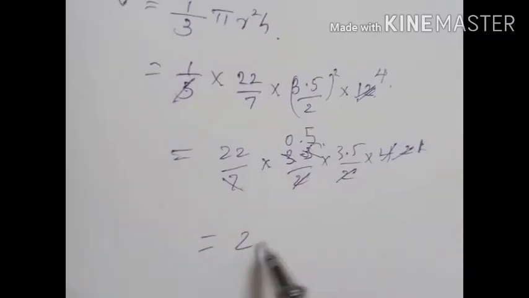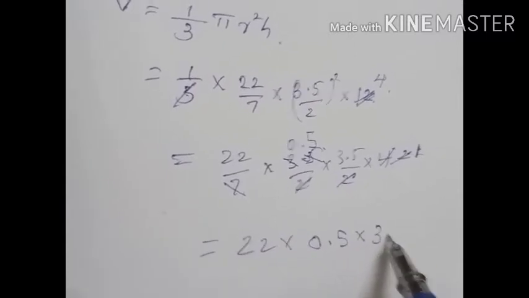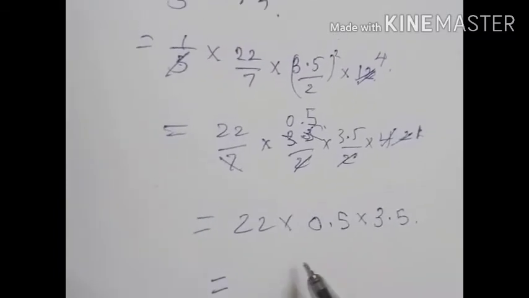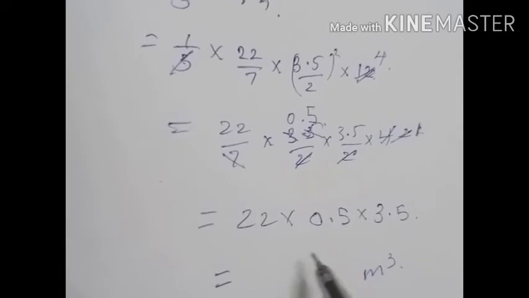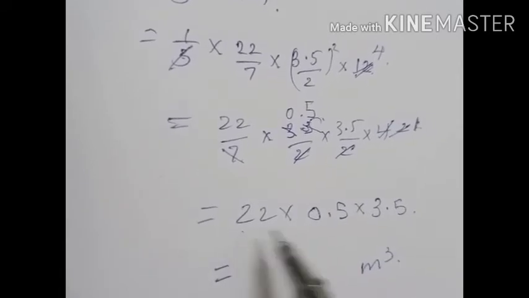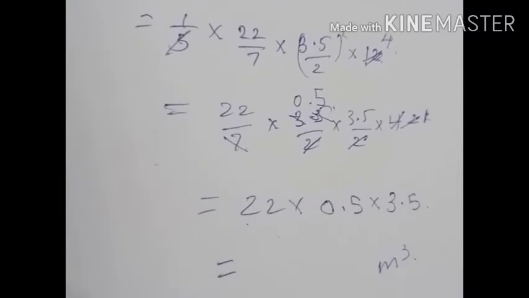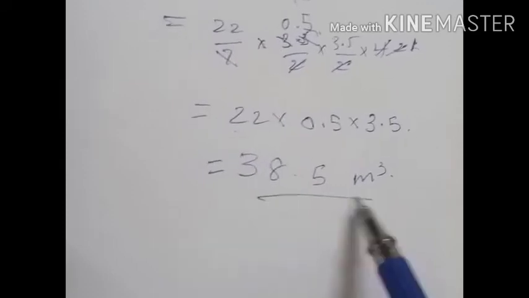Now the answer is 22 into 0.5 into 3.5. So we have to find this in meter cube. We will get the answer in meter cube. So for that we have to multiply 22 into 0.5 into 3.5. That is equal to 38.5 meter cube.